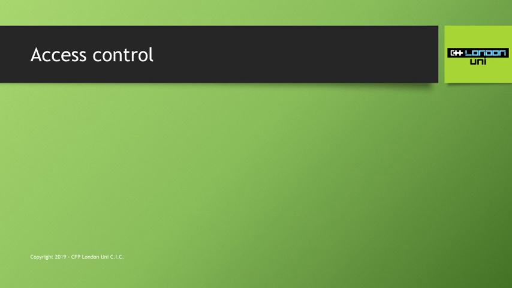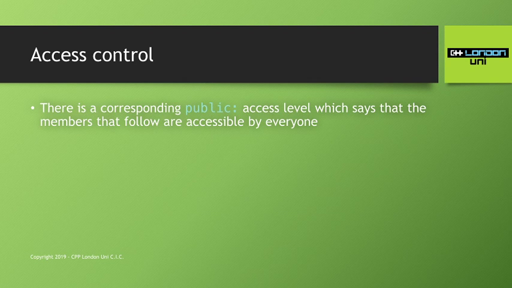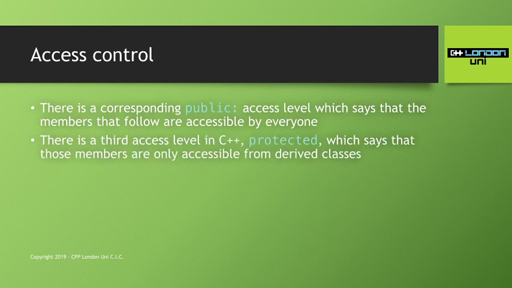So we can mark our members as private. There is, as you might expect, a corresponding public access level. And the word public works syntactically the same as private, but has the opposite effect. It says these members are available for the entire world to look at or call. There's also a third access level.